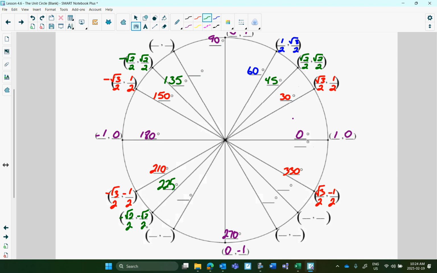Here's the last member in the family in quadrant 4. Well, we know all the way around is 360, and this is 45. 315. And the values will be the root 2/2's, except second one is negative.